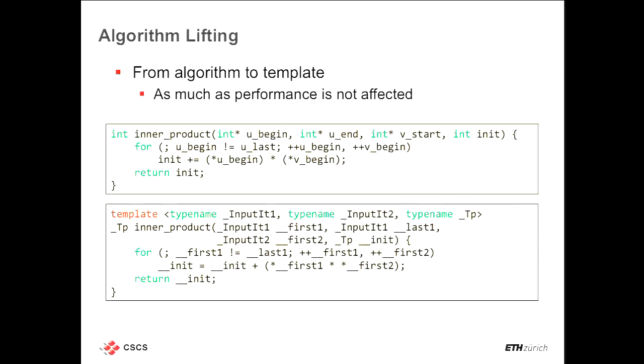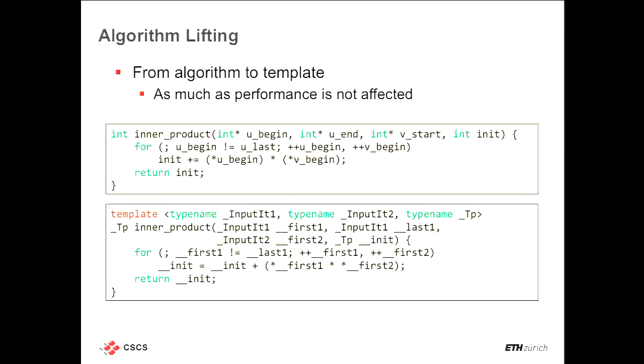And so we require that the input IT1 and input IT2 have these requirements: they have to support the star operation to access an element and the ++ operator to advance to the next element. And also the comparison operator. And those are iterators. This is just a forward iterator in the standard library.